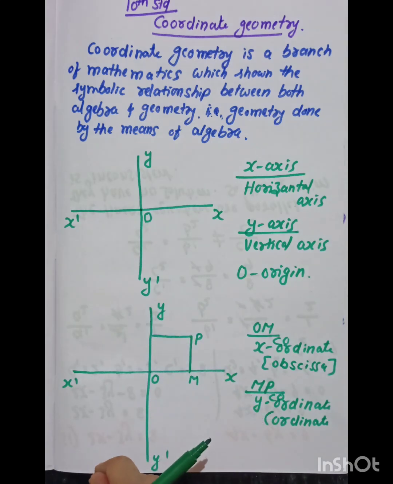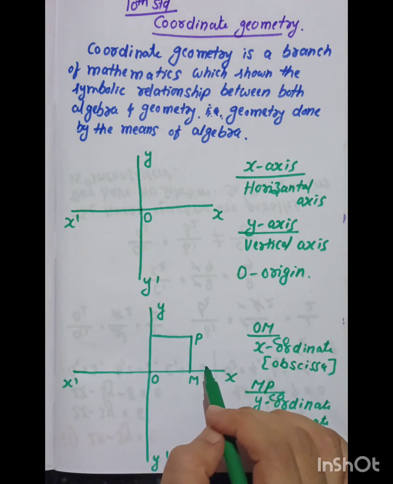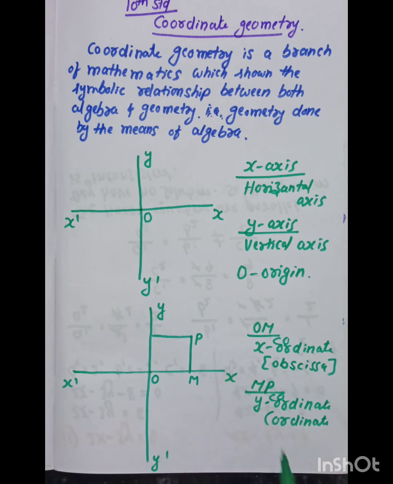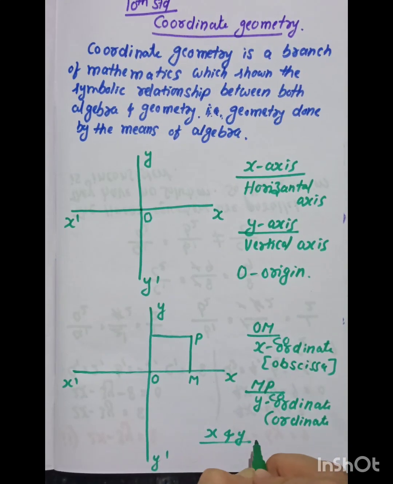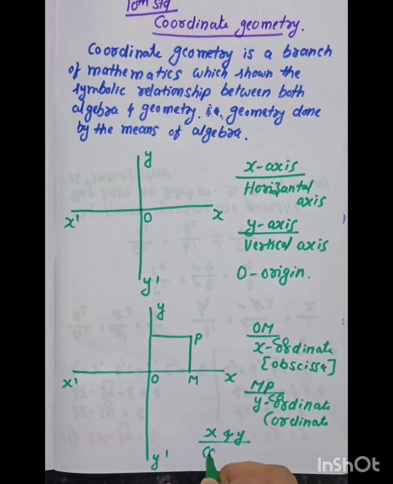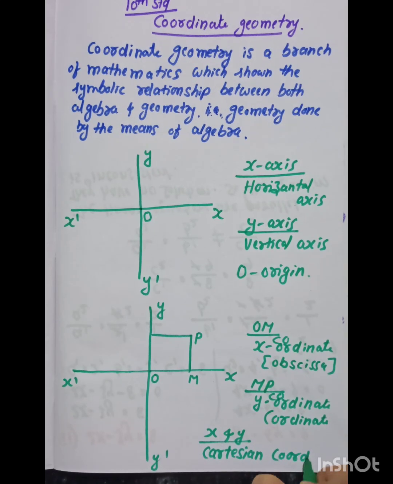Here, x and y together, if we call both x and y, you can call them Cartesian coordinates.